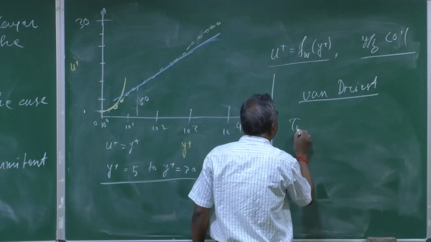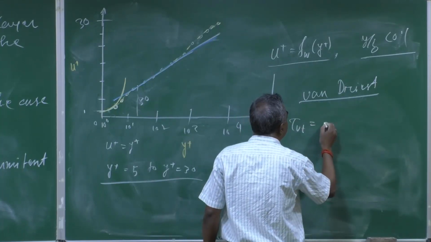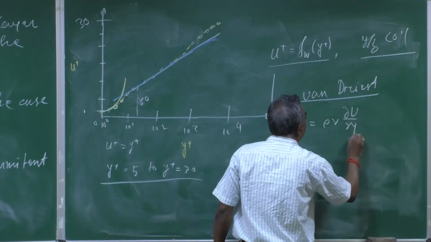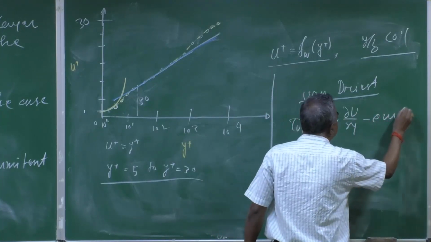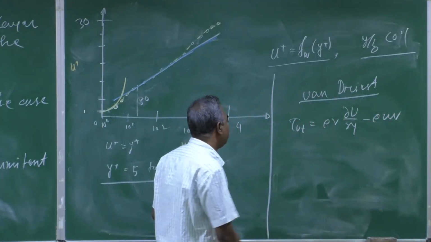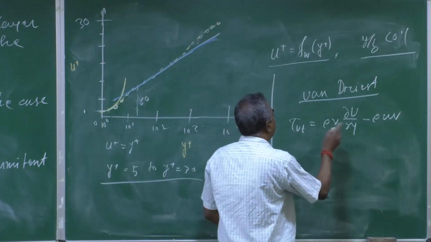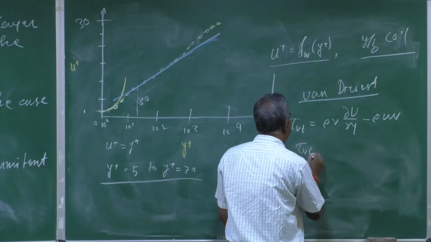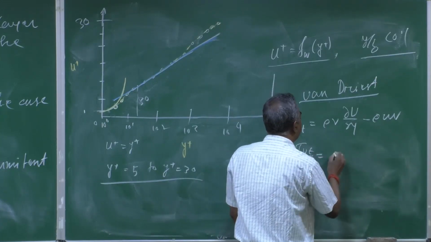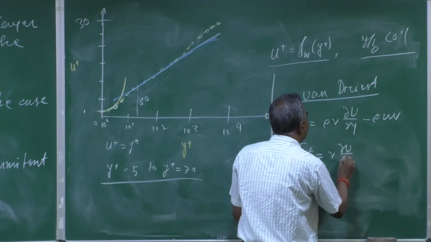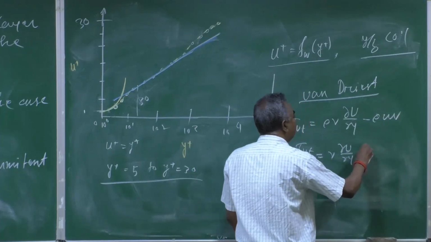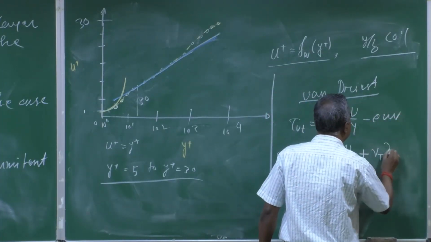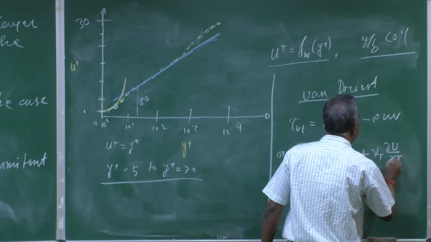So, your tau v t, he argued in this fashion, tau v t can be written as mu del u del y minus rho u v, right, or this can be written as tau v t divided by rho equals nu del u del y, and that Reynolds stress, this quantity you can write as nu t del u del y, okay.